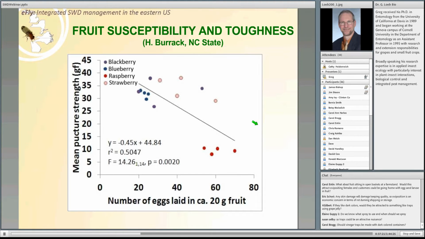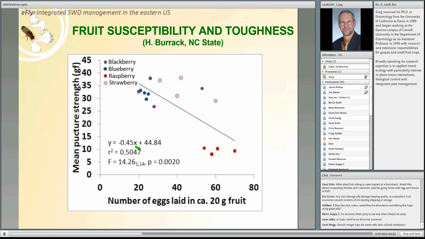Hannah Barakin, her grad student, looked at a similar kind of question about this idea of ripening and thickness and toughness of the skin. And they looked at blackberries, blueberries, raspberries, and strawberries, different varieties that had different puncture strength, so different levels of toughness. So the higher this value, the tougher the skin of that fruit.